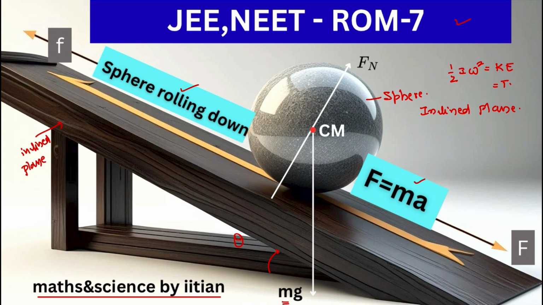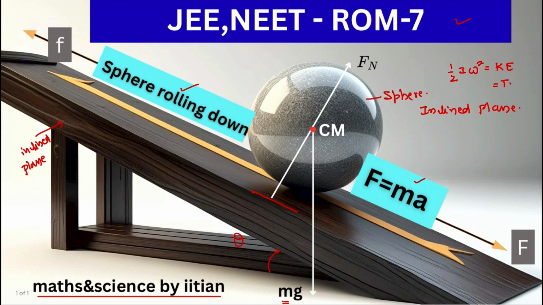And a normal force always acts perpendicular to the plane on which movement is taking place. This is the inclined plane. Hence, perpendicular to the inclined plane, the normal force is acting.